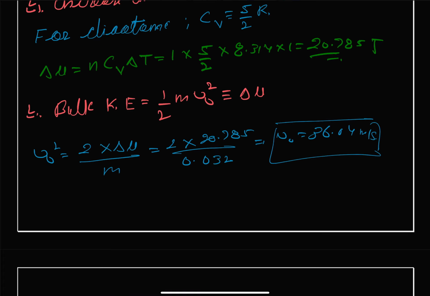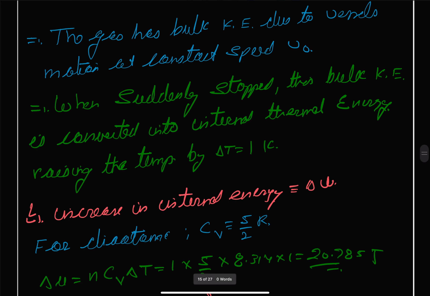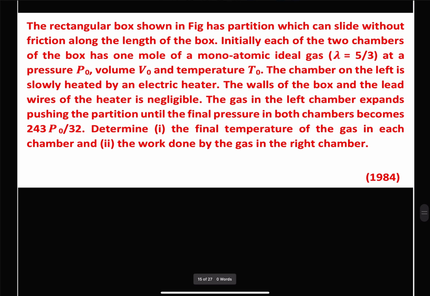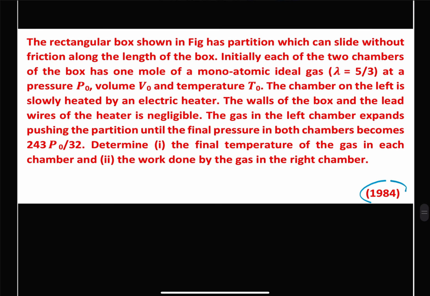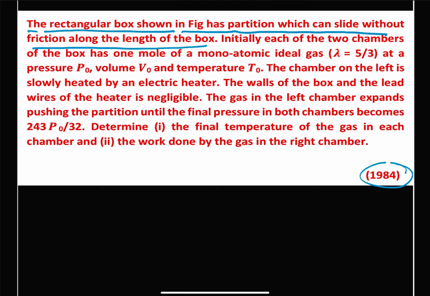So we got the velocity as well as the number of collisions per second. Next question. It was asked in the year 1984, and it states that the rectangular box shown in the figure has a partition which can slide without friction along the length of the box.